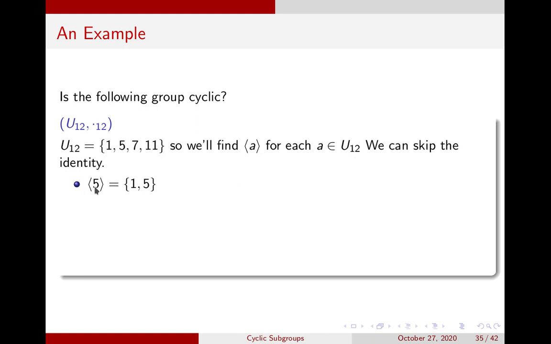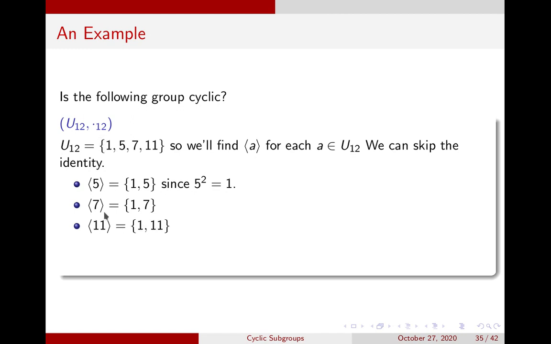Well, the cyclic subgroup generated by 5 consists of the numbers 1 and 5, since 5 squared is 1, using times sub 12. The cyclic subgroup generated by 7 consists of 1 and 7. It's also true that 7 squared is 1 if we use times sub 12.